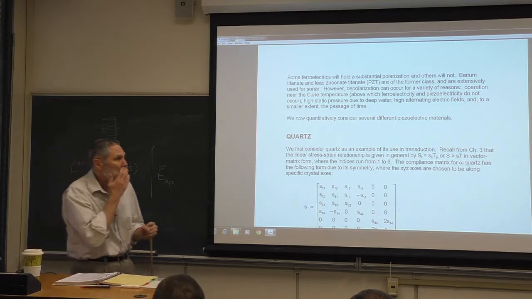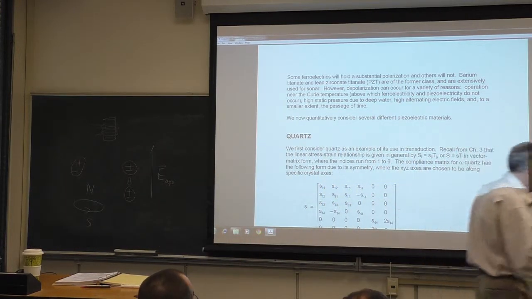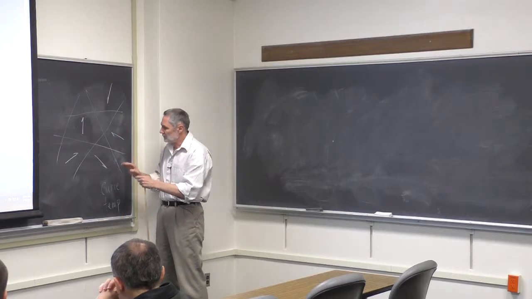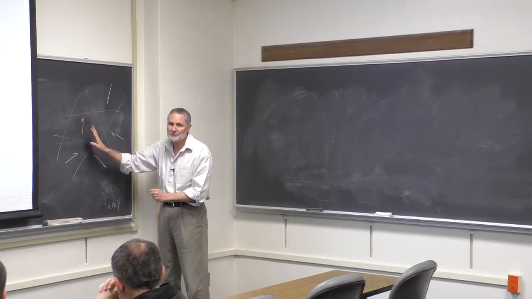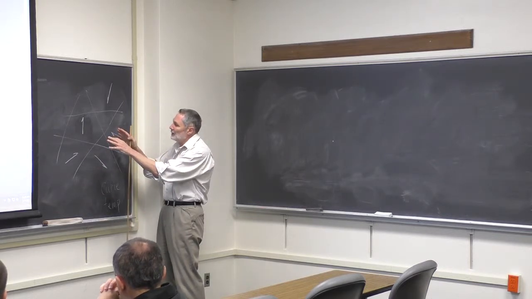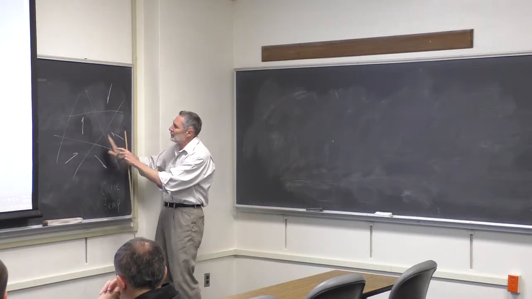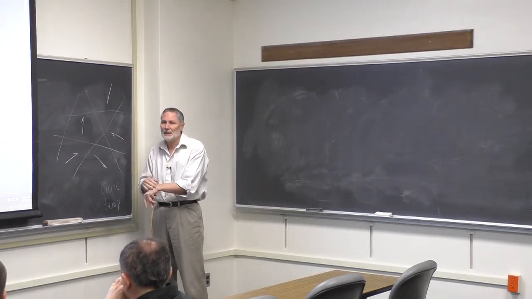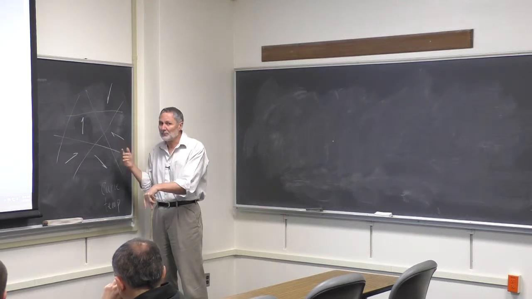As you increase the temperature, which causes agitation, when these are all lined up they break apart and don't have the net polarization. It happens approximately abruptly at a certain temperature.